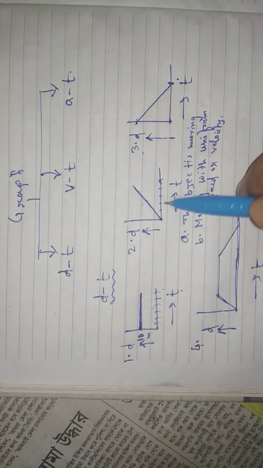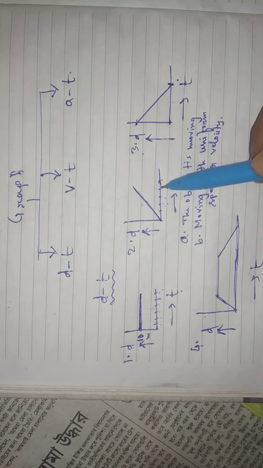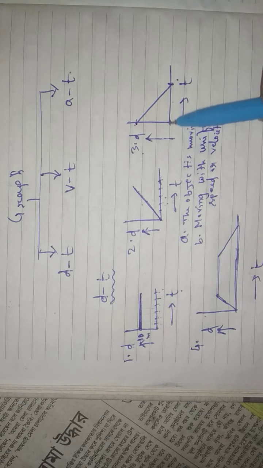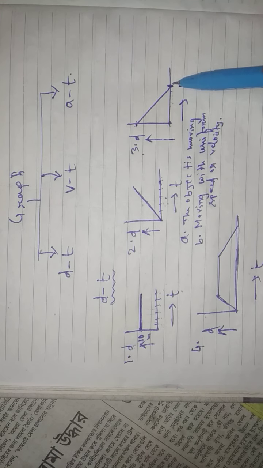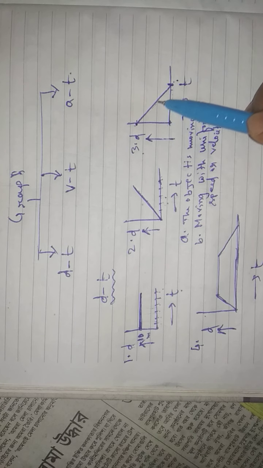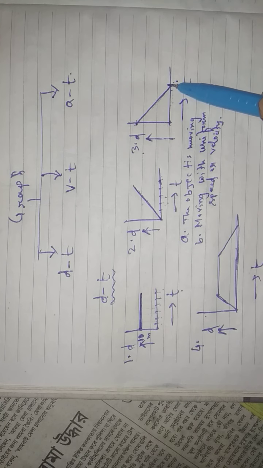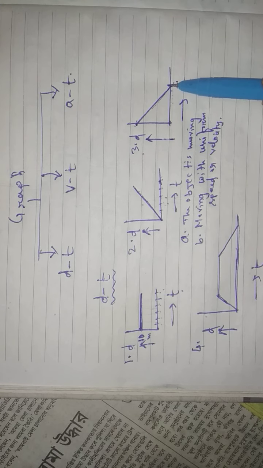So this and this are equal, but here the object is going away, so the distance is increasing. Here the object is coming, so the distance is decreasing. And again, as this is a straight line, the object is in uniform motion, that means uniform speed.